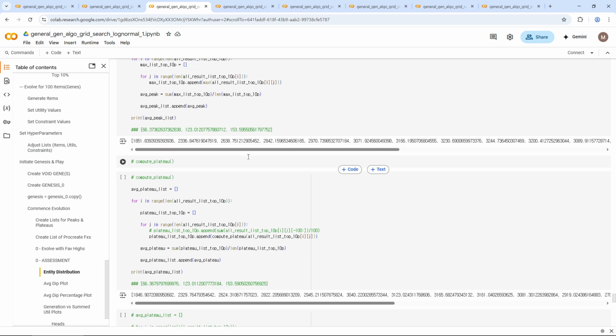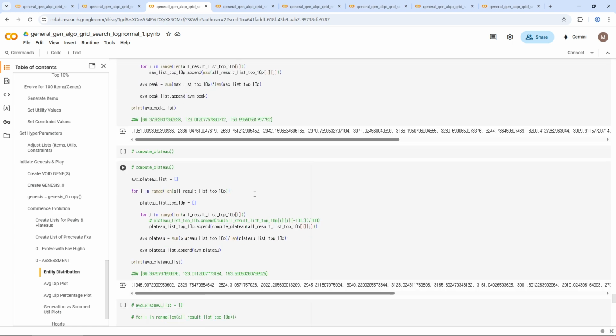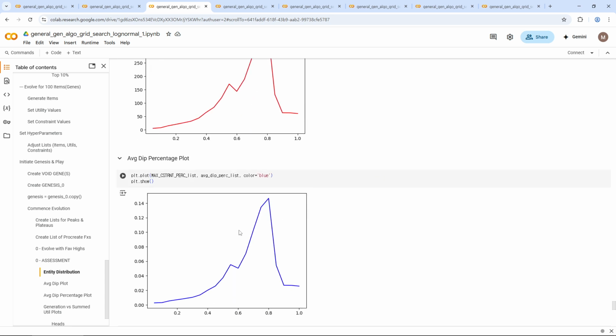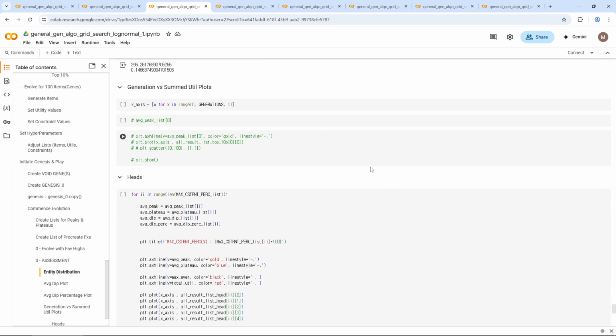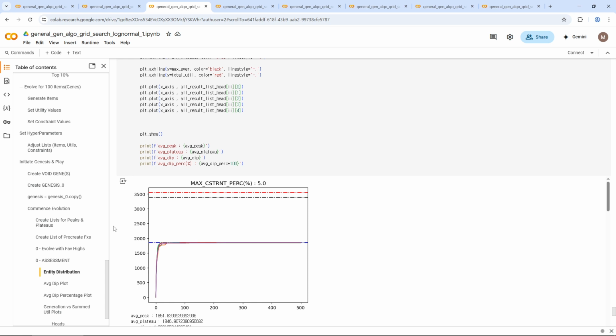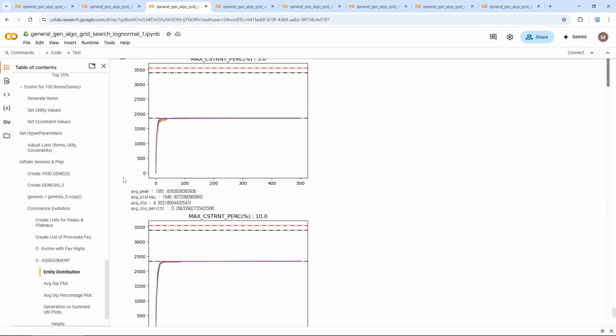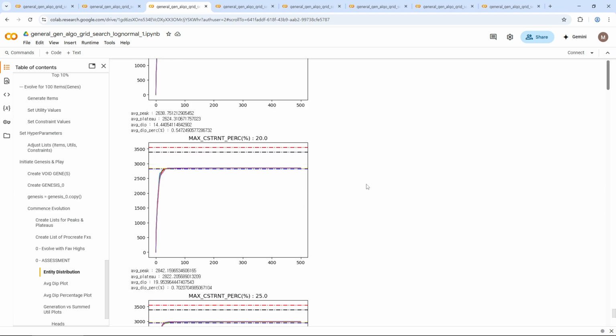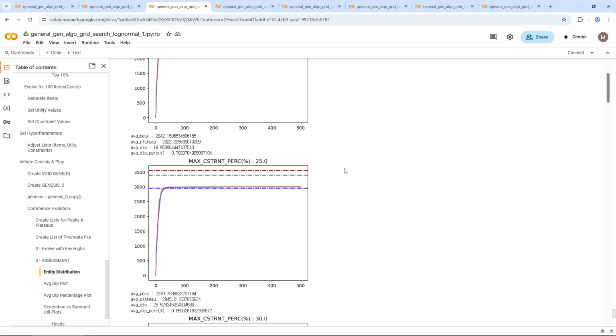Average peak list, average peaks and average plateaus. Yep. Plots again, same, and trailing off. Well, the dip percentage just falling down as usual. Let's have a look at when we get the maximum ever, the black line. When we reach the black line.